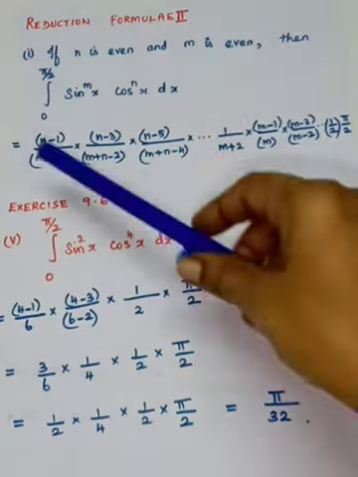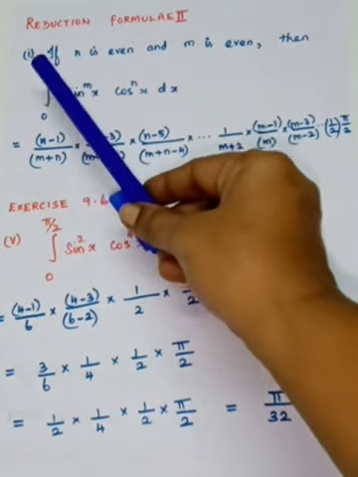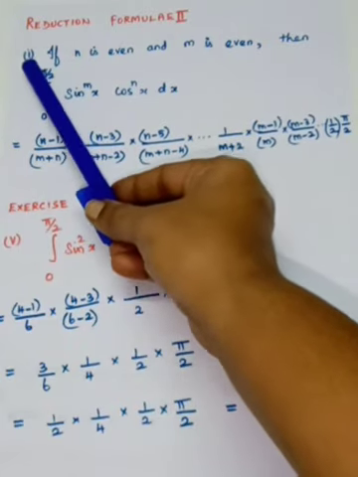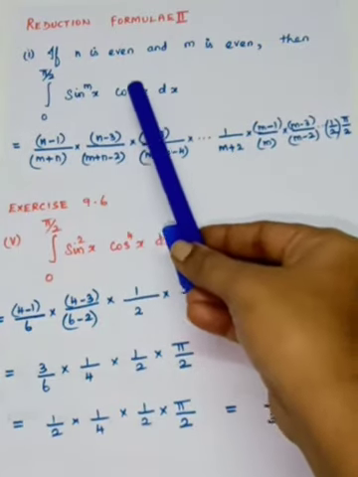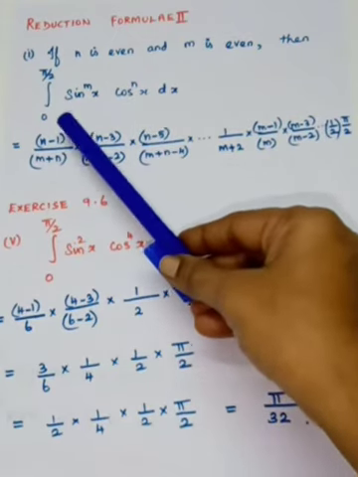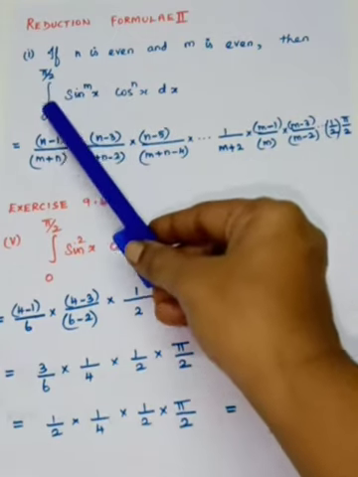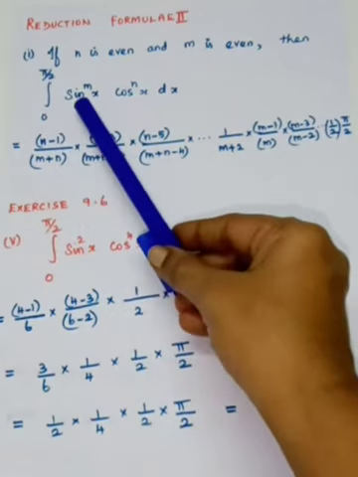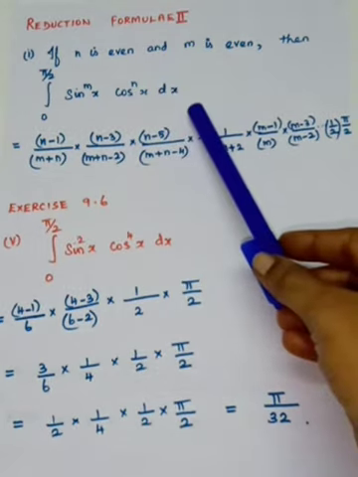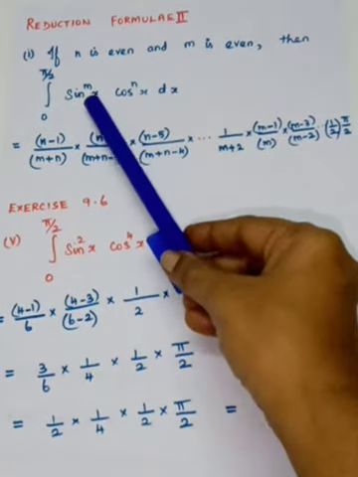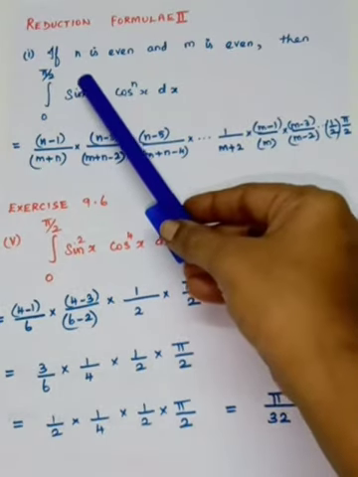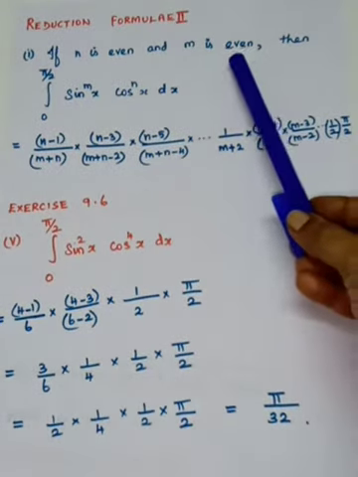See, first, there are three ways we can use the reduction formula. The first one depends on the powers of the trigonometric functions. Here, the integral from 0 to pi by 2 of sine power m x cos power n x dx, where both m and n are even.